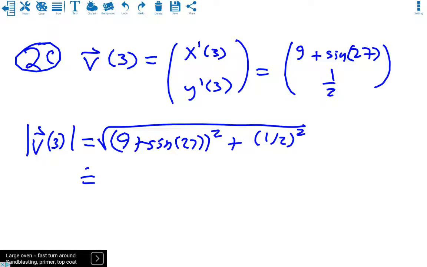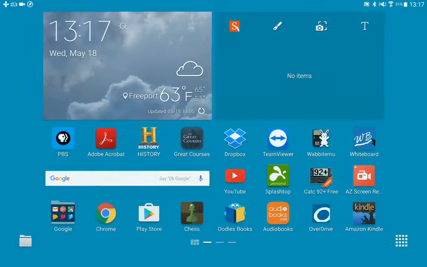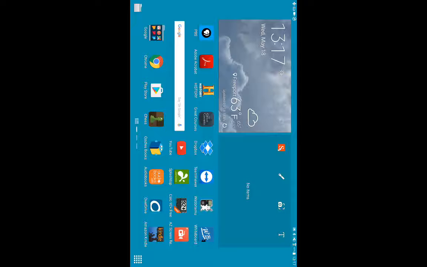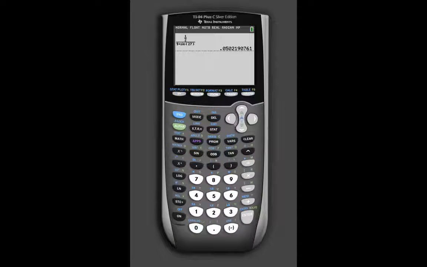Let's see what that is approximately on my calculator. It's going to be the square root of the quantity 9 plus sine 27, close the sine, close the quantity, square it, plus 1/2 squared, which is plus 1/4.